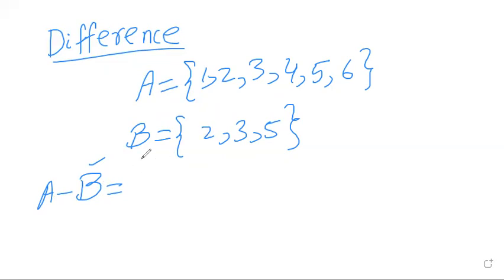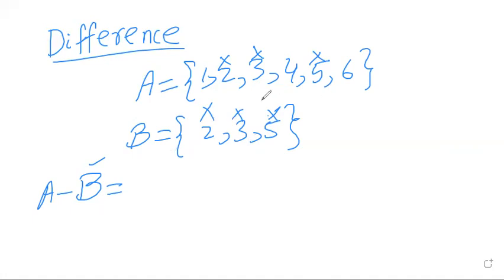You check the elements that are coming in both. Which elements are in both? Yes, 2 is in both. Okay, 3 is in both. And 5 is in both.